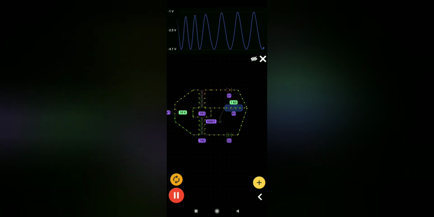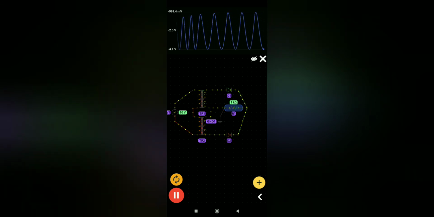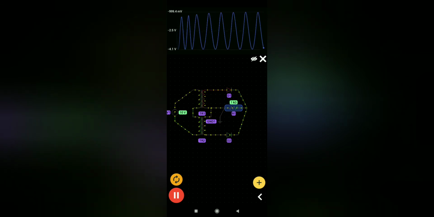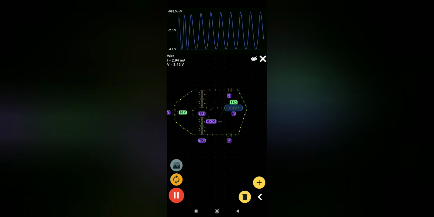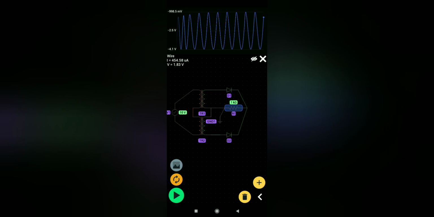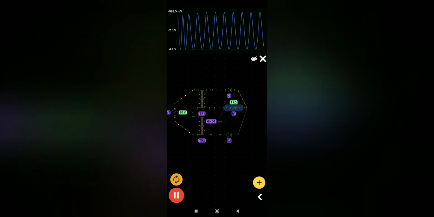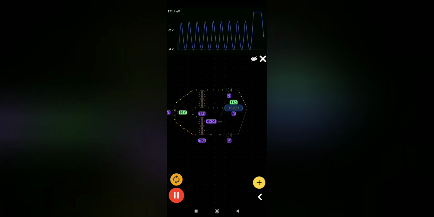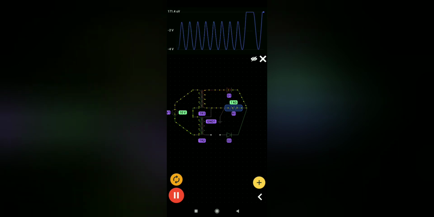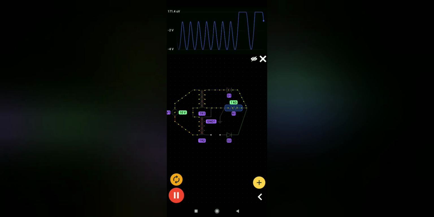That means the rectifier converts the full wave. Now suppose we disconnect the diode D2 in the circuit and run it, then this circuit works as a half wave rectifier.